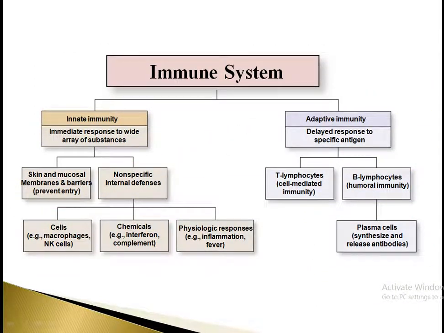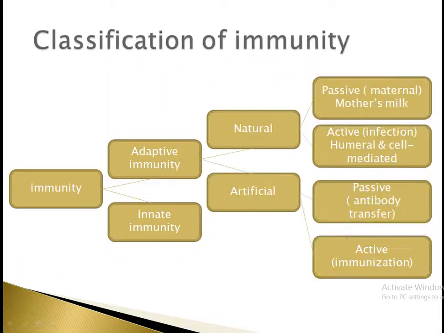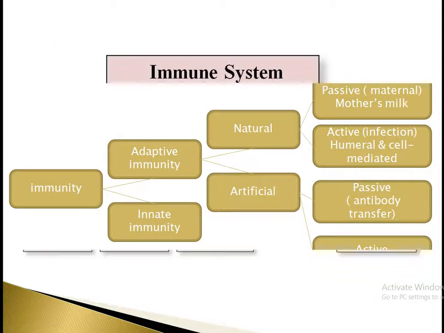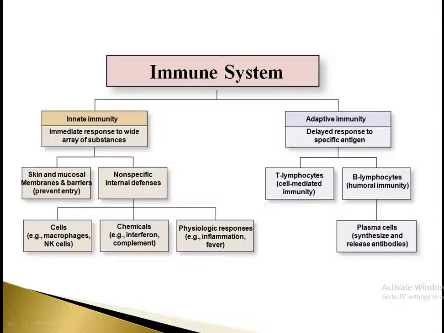We can have another classification also. This classification is very simple and easy to remember. If you go into somewhat more detail, you can have this type of classification. Again, the main categories are innate and adaptive immunity. The skin and mucosal membranes are the natural barriers.